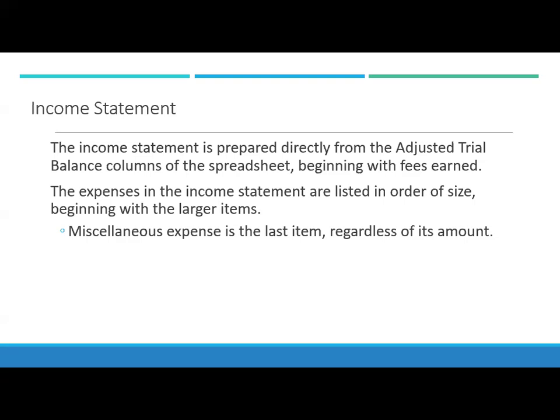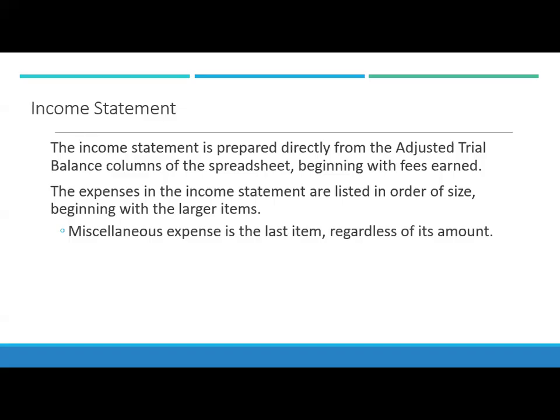The income statement is prepared directly from the adjusted trial balance, beginning with fees earned. The income statement accounts are listed in order of size, beginning with the larger items, and miscellaneous expense is the last item, regardless of the amount.